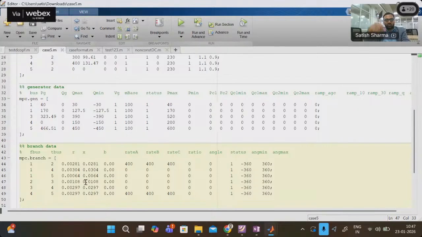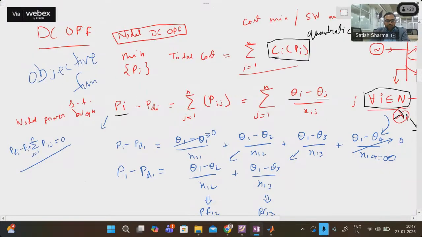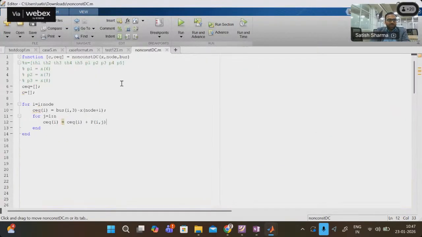So what we can do here is basically let's find out where the branch I is available. If there is a branch I only, I have to write down the code for that.